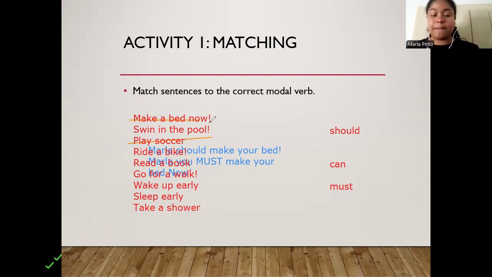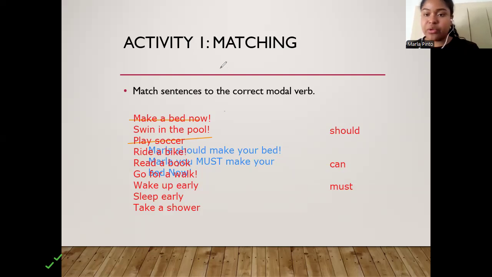Let's use maybe a beautiful color, maybe blue, to show the difference here. Okay. First, make a bed.